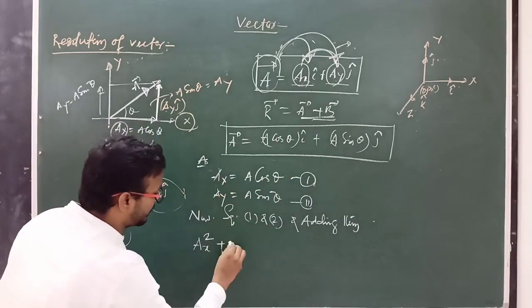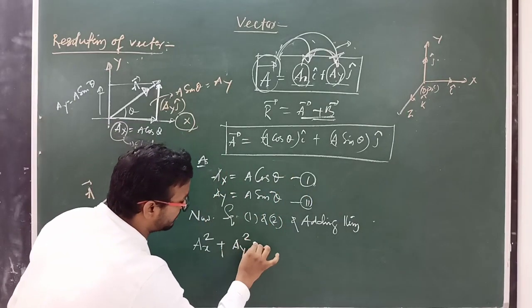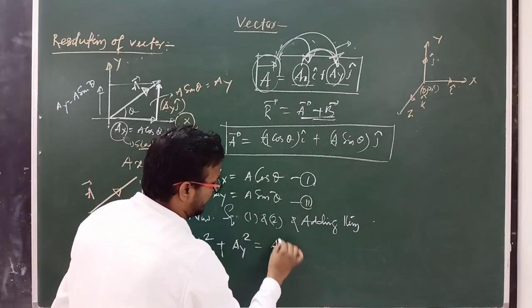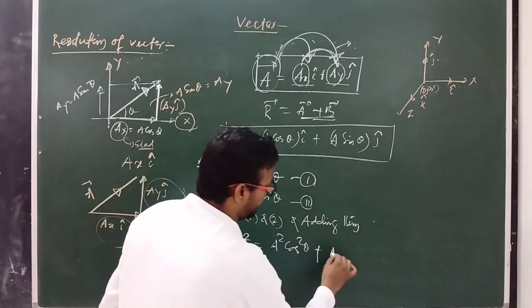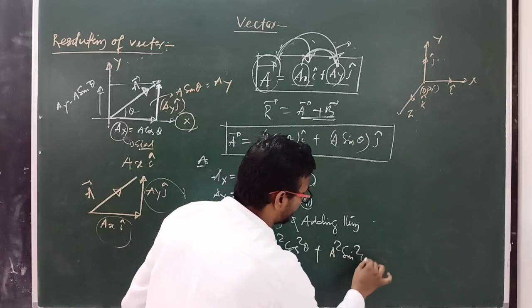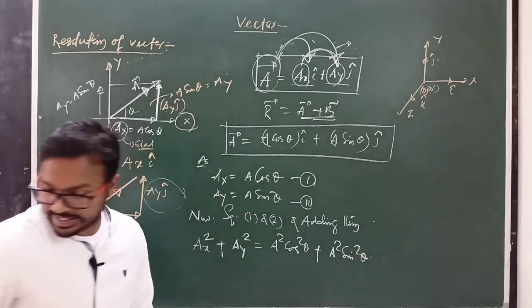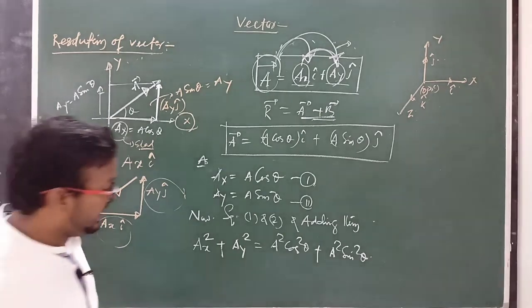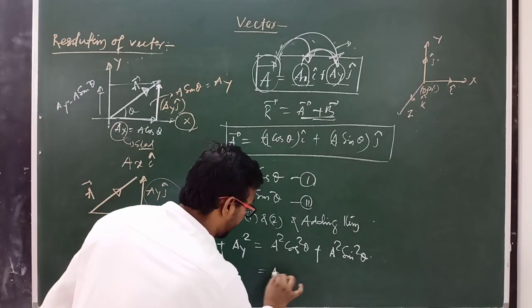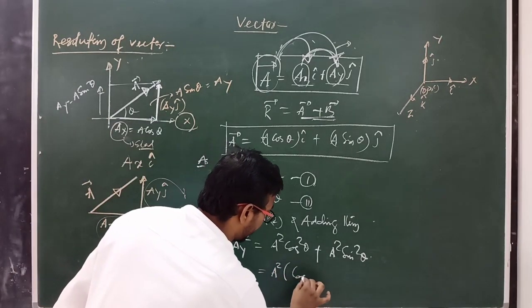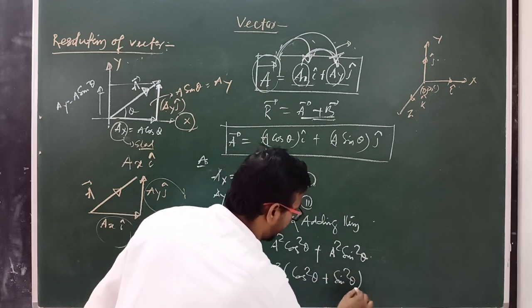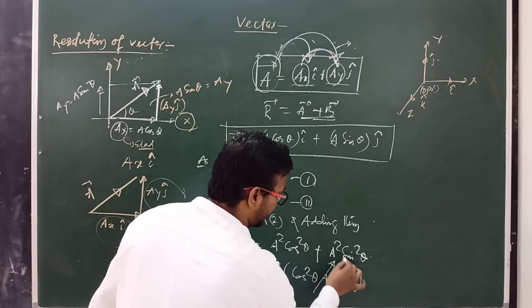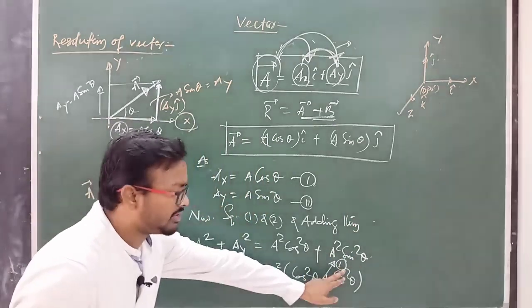So here Ax square plus Ay square equals A square cos square theta plus A square sin square theta. Here A square is a common quantity, so you can take it common, and the remaining part is cos square theta plus sin square theta, which is equal to 1.